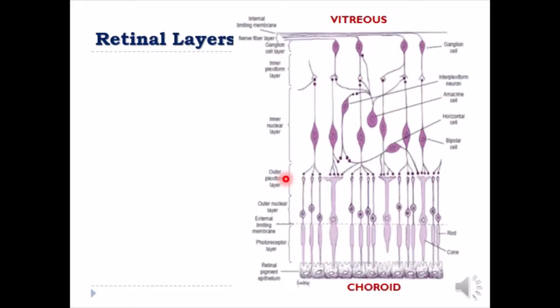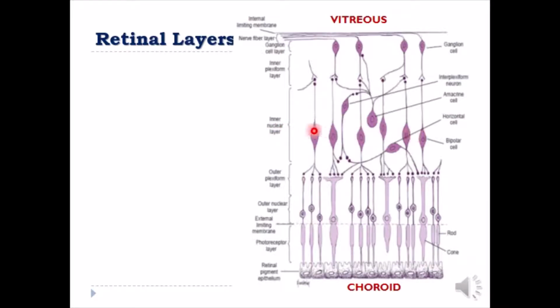Remember that plexiform means connecting. Now after the outer plexiform, when you come here, you can see that it is the inner nuclear layer. Again, you can see these dots in the bipolar cells. That means the nuclei of bipolar cells are known as the inner nuclear layer.